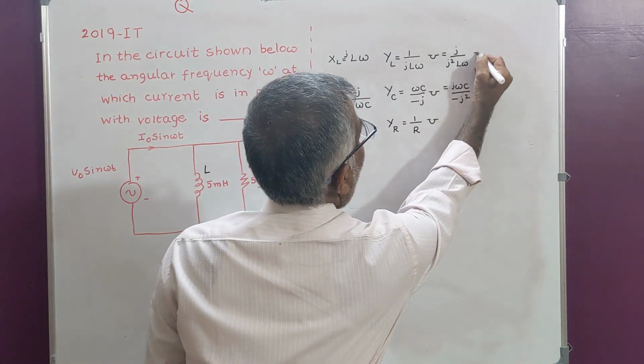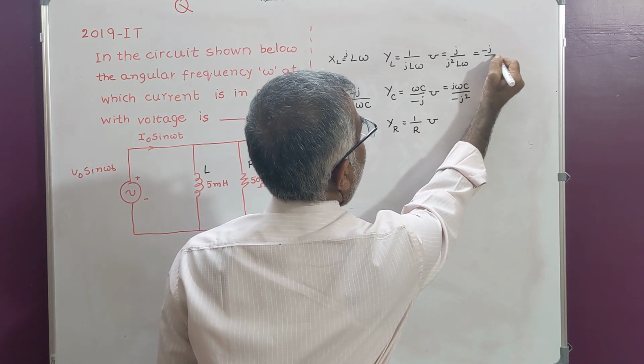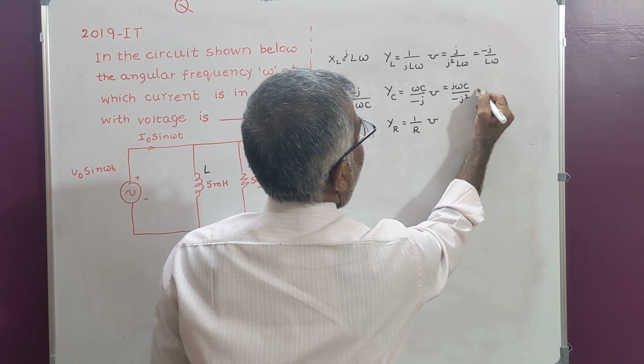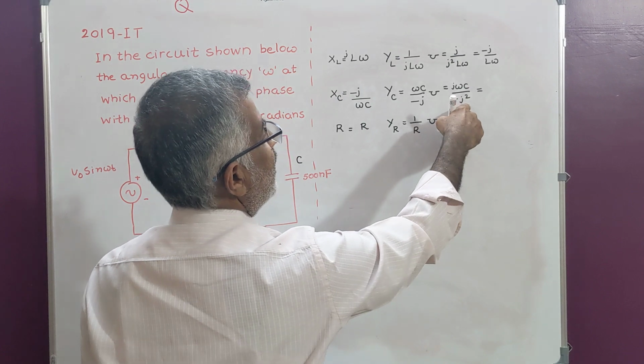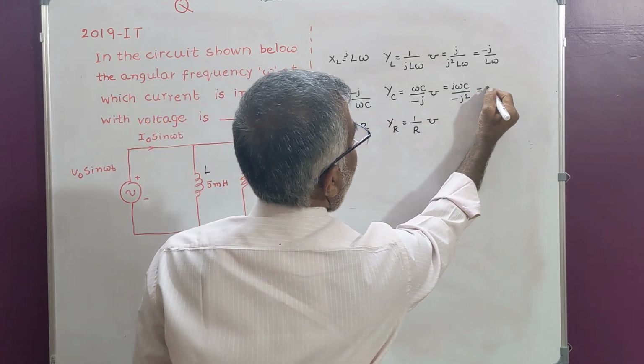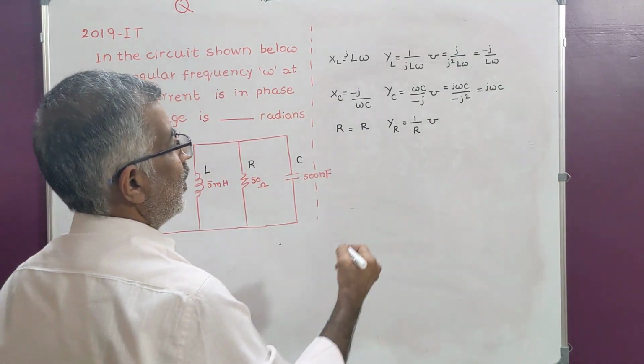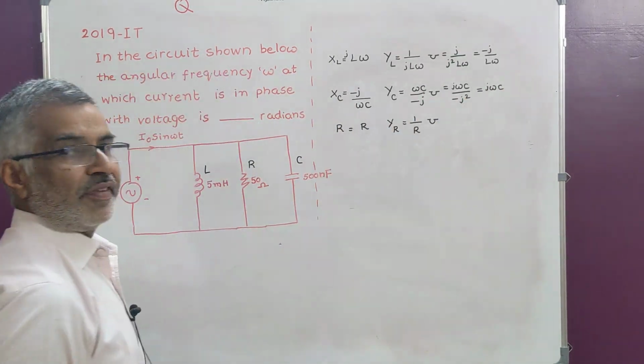Now if you simplify, j squared becomes minus 1. Therefore this is minus j by L omega, whereas for the capacitor it is j omega C, and YR remains as it is.